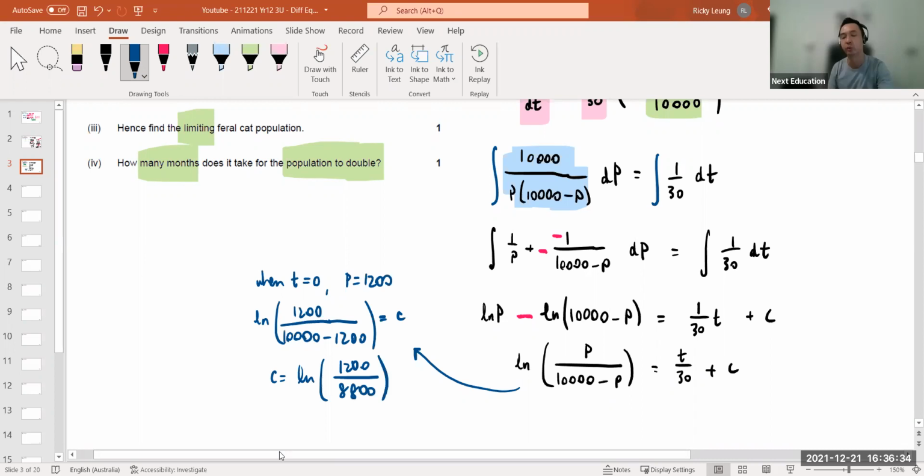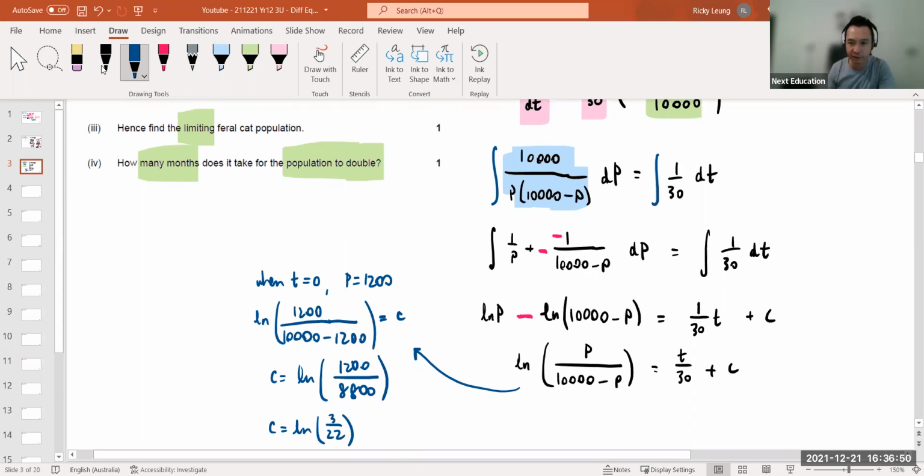No, 8,800. 1,200 on 8,800. Cancel. 12 on 88. What's that? 3 on 22. Perfect. So therefore, C equals ln 3 on 22.